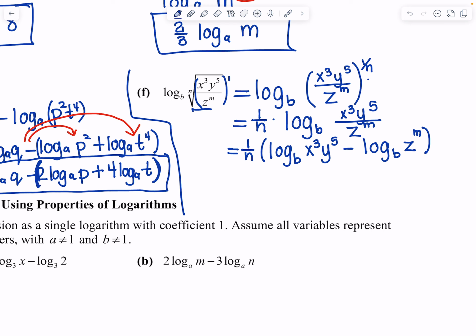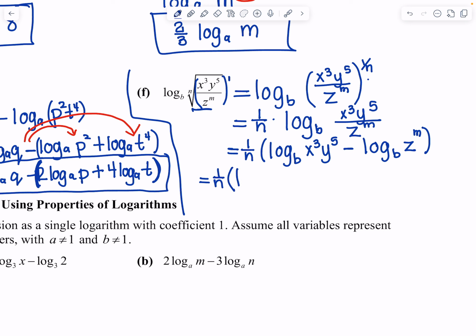Now, the next thing you should see is multiplication right here. You need to break this multiplication down. Let's do it. To break multiplication down, remember, we fill it in with addition. That 1 over n still goes on the outside.